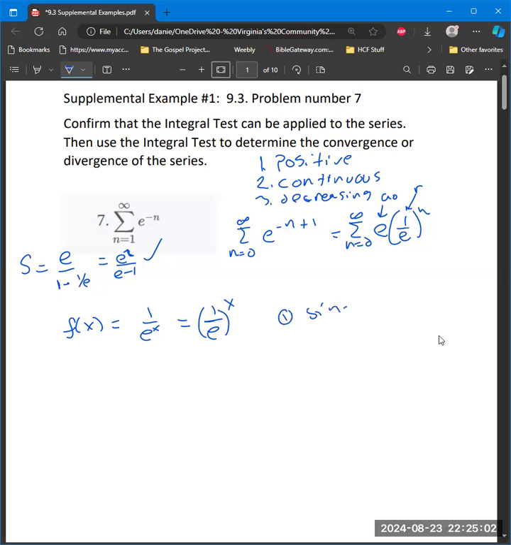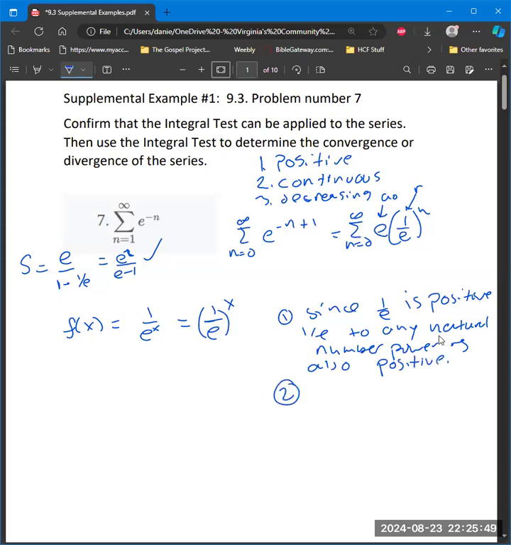Part 1, since 1 over e is positive, 1 over e to any positive integer power, natural number power, is also positive.